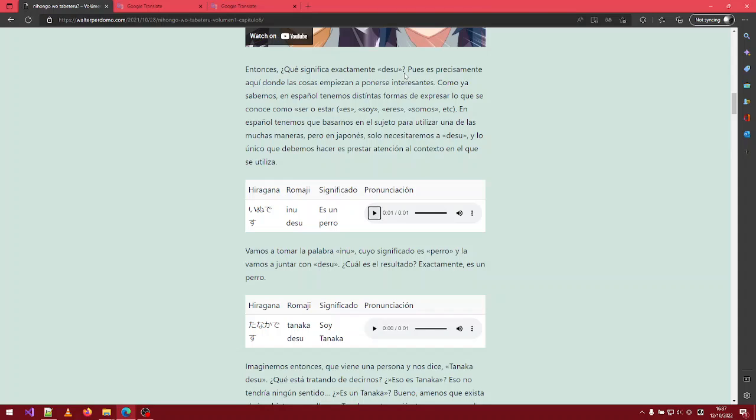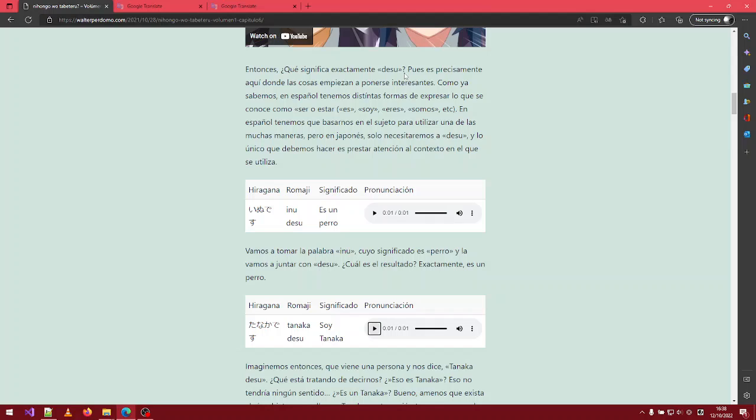Right. Another usage we can give to this is for names like Tanaka, Joe, Julie, any kind of name. For example, 田中です。 Tanaka desu. This makes sense with context.